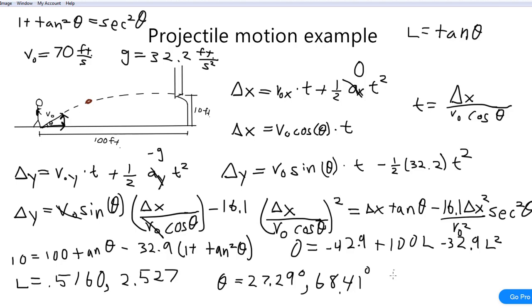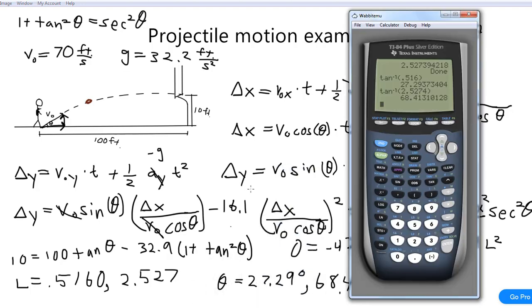So anyway, we also need to get the time associated with these. Really, we just have to plug these angles into here. This is just 100, and this is 70, so really it's just 10 over 7. Actually, I'm just going to do it on the calculator.